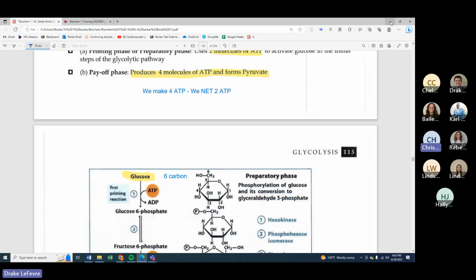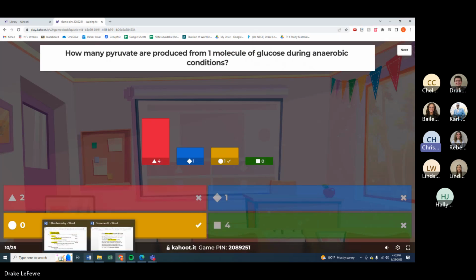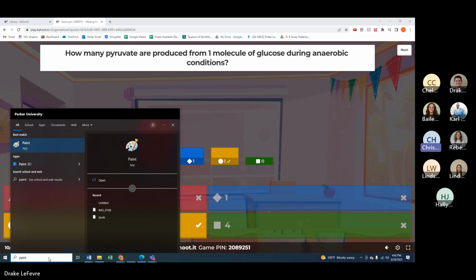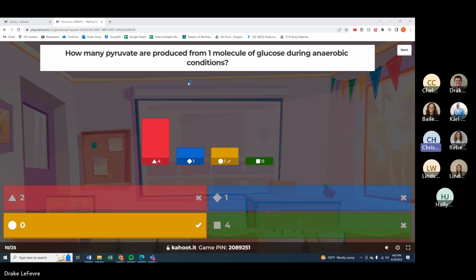Where does it cut, like in glycolysis, to go to the anaerobic route, lactic acid? Is there a cutoff point in glycolysis? Yeah. So let me pull this up real quick.